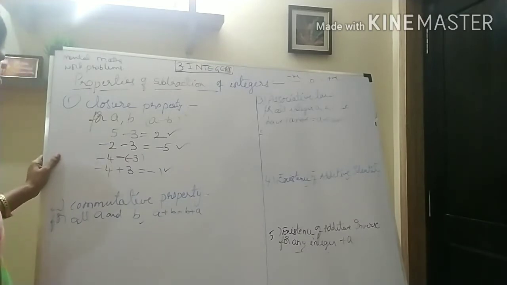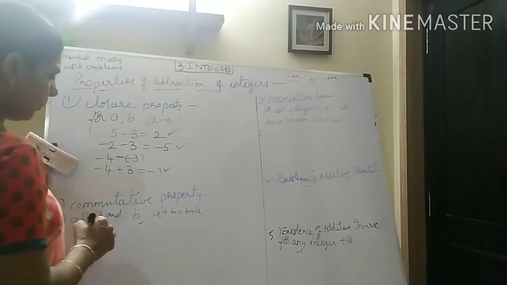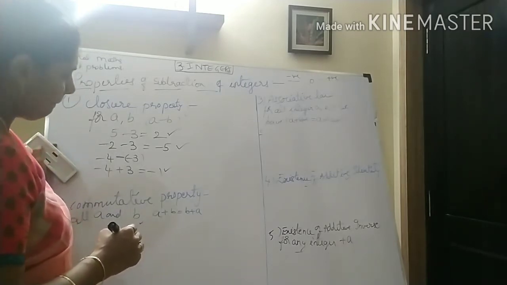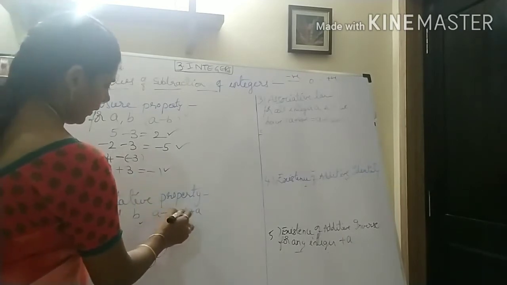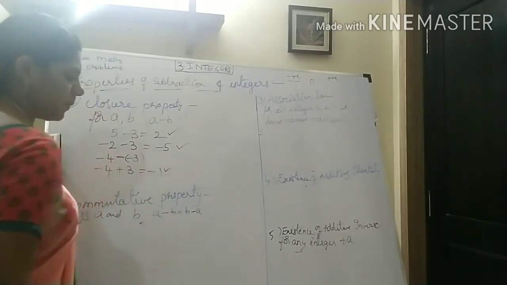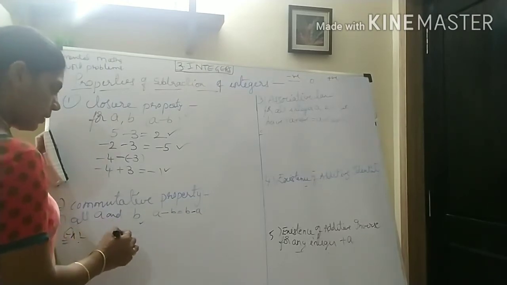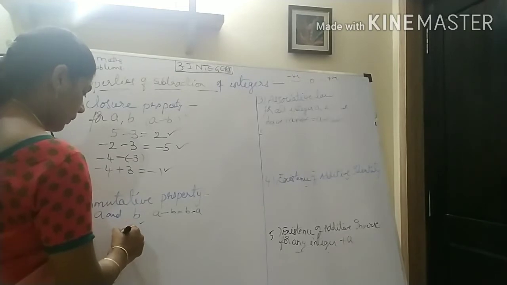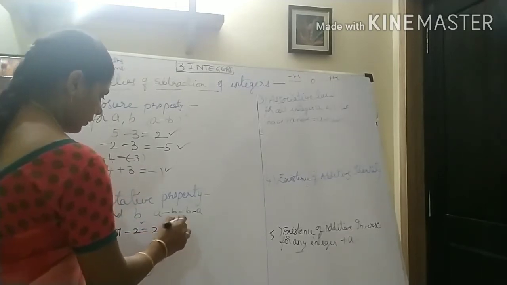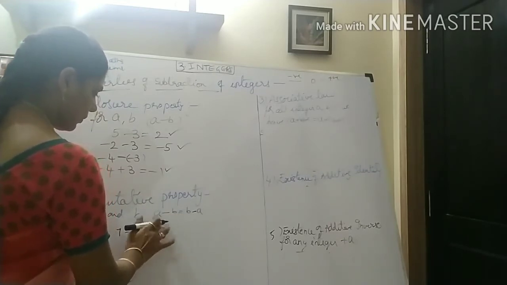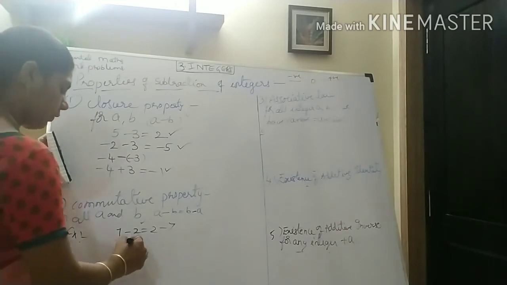Now see commutative property. For all a and b, a plus b equal to b plus a. But we are talking about subtraction, so is a minus b equal to b minus a? Check this one. I am taking 7 and 2. 7 minus 2 is 5.